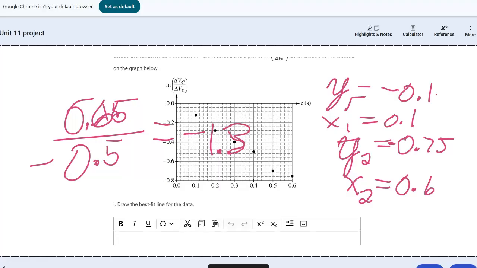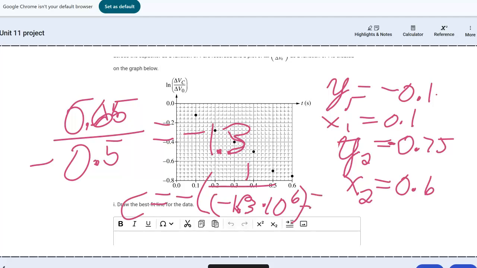And then our R is 1.0 times 10 to the 6. And we know C equals negative 1 over negative 1.3 times 10 to the 6.